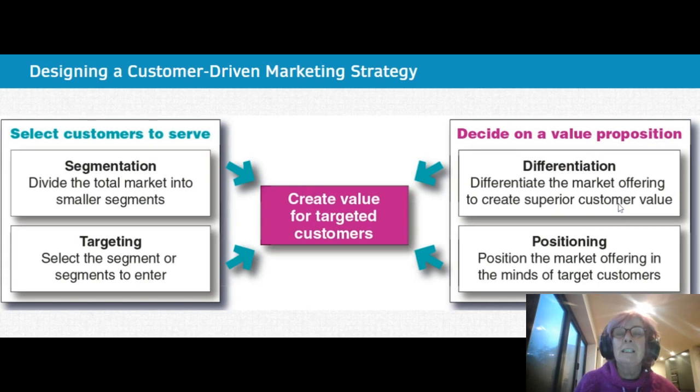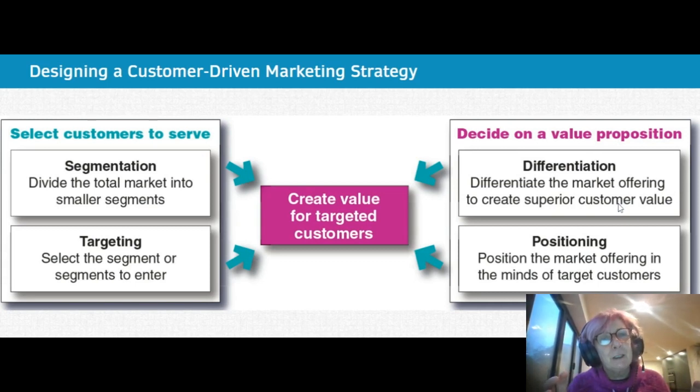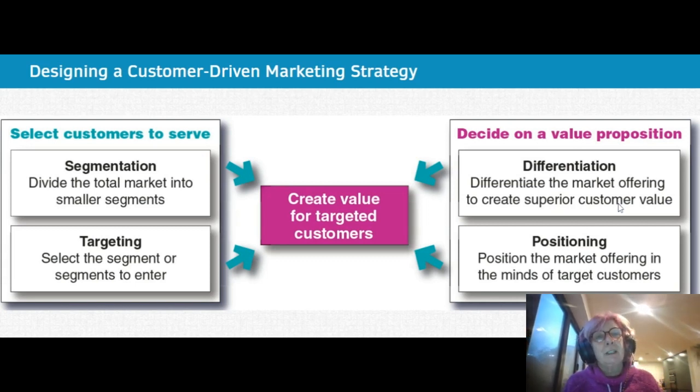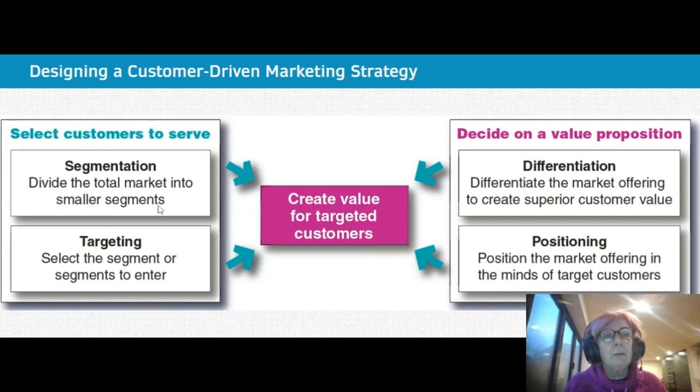And they positioned their product in the market, in the minds of those consumers, so that consumers could differentiate it from the products of competitors. So what can we get from that? Well, for any business, designing a customer-driven marketing strategy starts with deciding which customers are we going to serve, which market segments, and then how can we target those market segments?